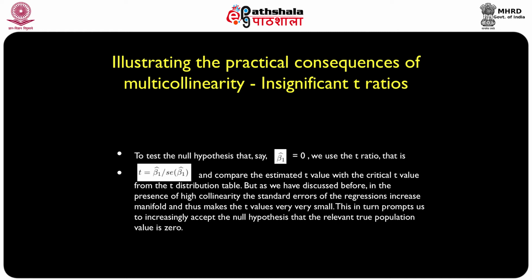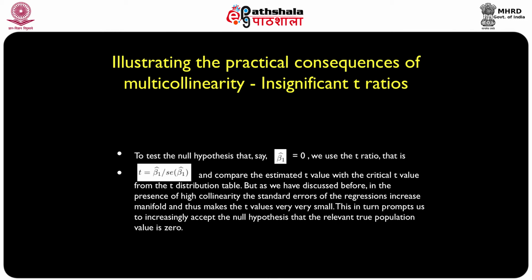Now moving on to the next consequence of multicollinearity, that is, insignificant t-ratios. To test the null hypothesis that an individual regression coefficient, say beta 1, equals 0, we use the t-test statistic, which is given by beta 1 hat divided by standard error of beta 1 hat, and compare the estimated t-value with the critical t-value from the t-distribution table.